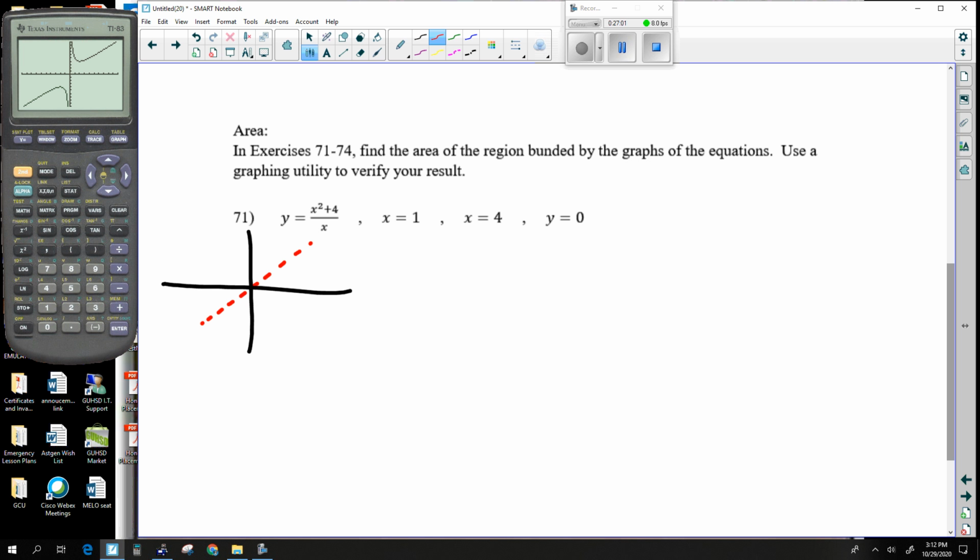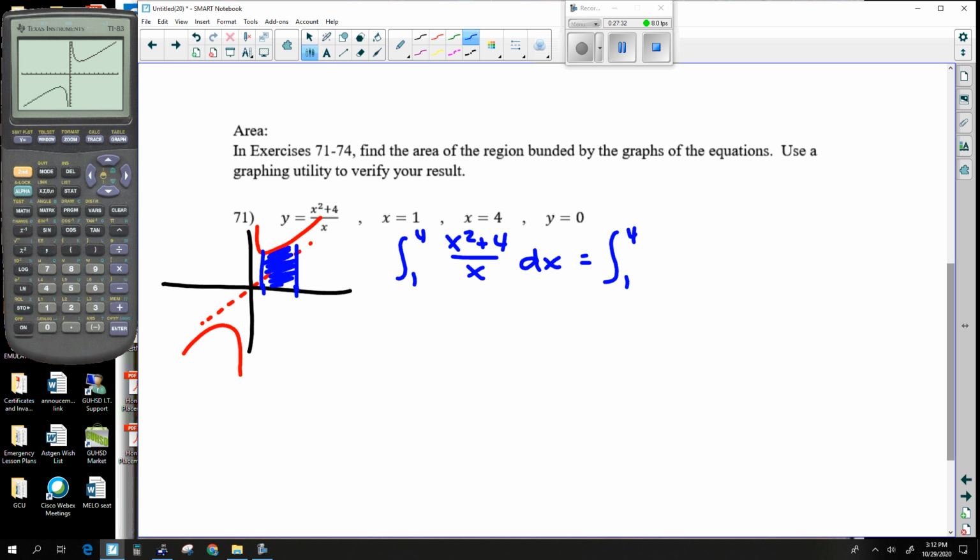But this picture is looking like this, and we are going from 1 to 4, and we're looking for this area right here. All right, so I am integrating from 1 to 4 of x squared plus 4 divided by x. Again, that's incredibly hard right there.